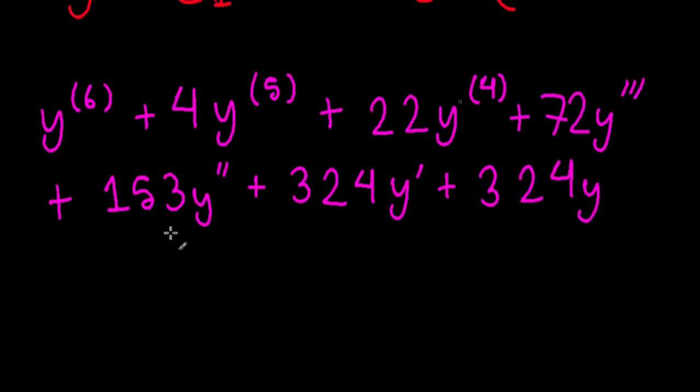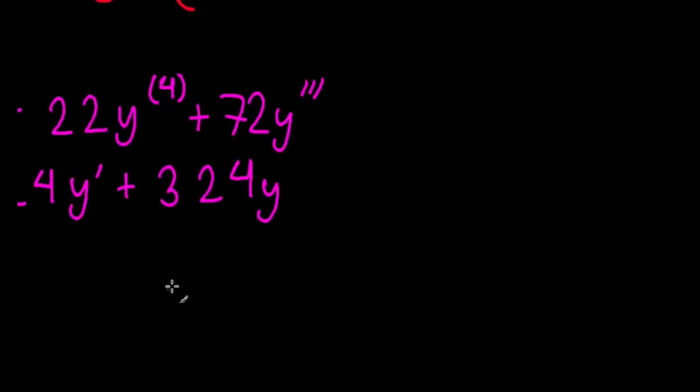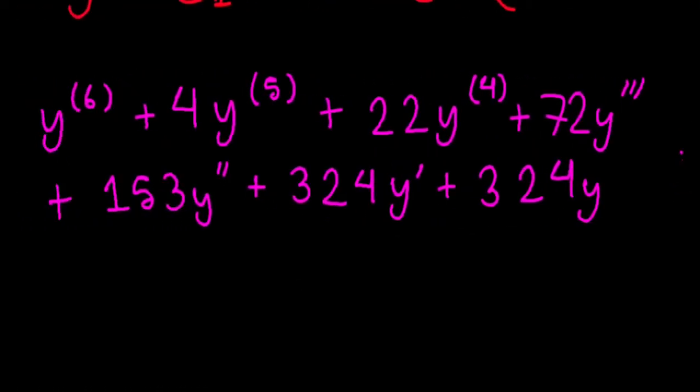I do make that mistake quite a lot, but you cannot have any constant term in the equation at all, otherwise it wouldn't be homogeneous. All of this is equal to 0.